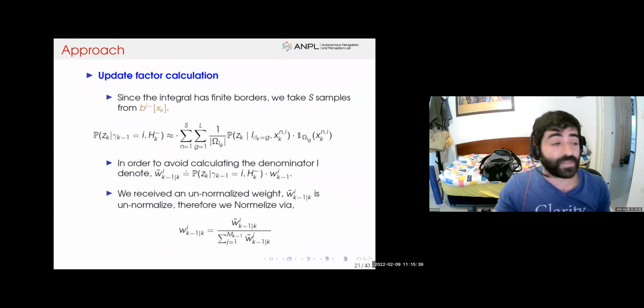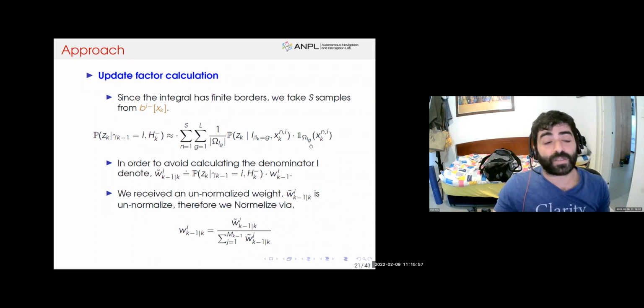Since this integral has finite borders, in order to calculate it, we use sampling. So what we do is we sample the current robot's pose using S samples from that. And by that, we retrieve this argument over here.